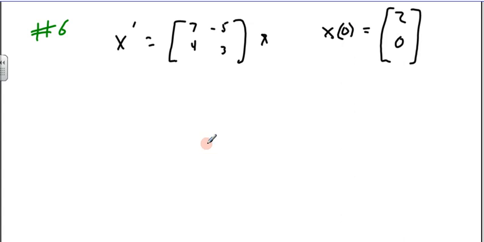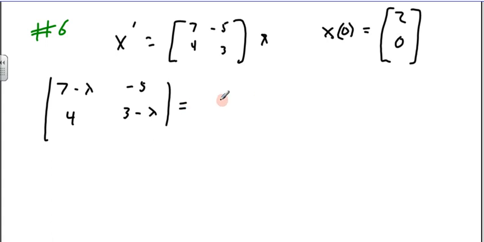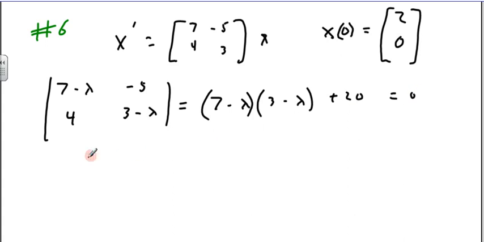Okay, so now I need eigenvalues. The determinant of 7 minus lambda, minus 5, 4, 3 minus lambda is supposed to be 0. So 7 minus lambda times 3 minus lambda, plus 20, is supposed to be 0.